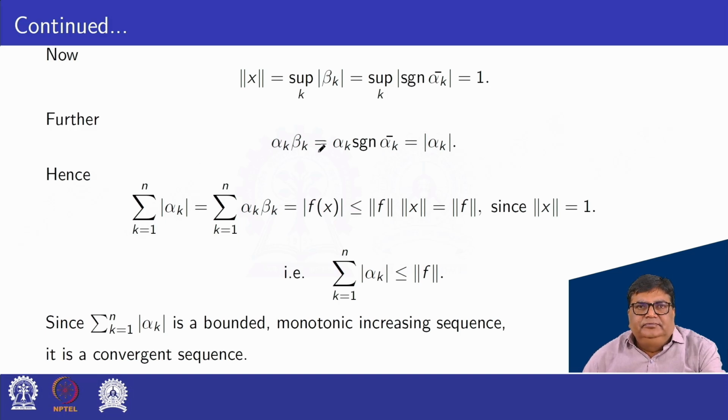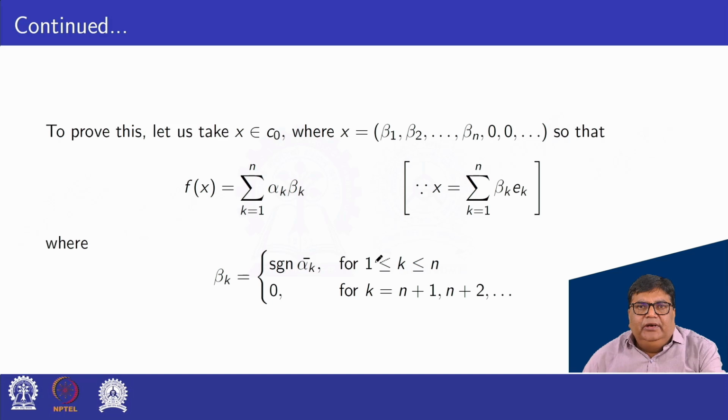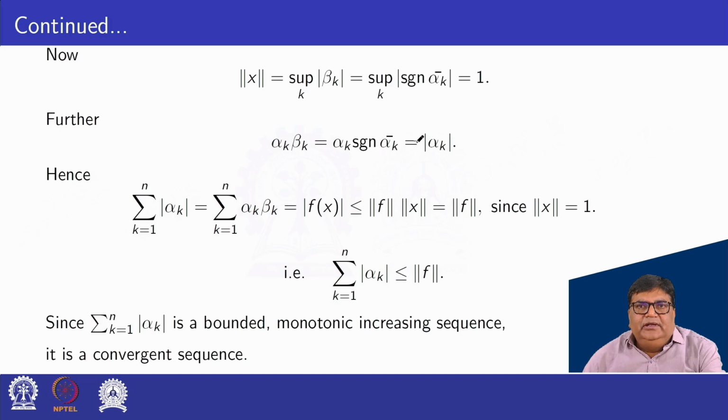Further, alpha k beta k, when k lies between 1 to n, is alpha k signum alpha k bar, that is mod of alpha k, by the property of the signum function, which has already been discussed. Hence, summation k equals 1 to n mod alpha k.